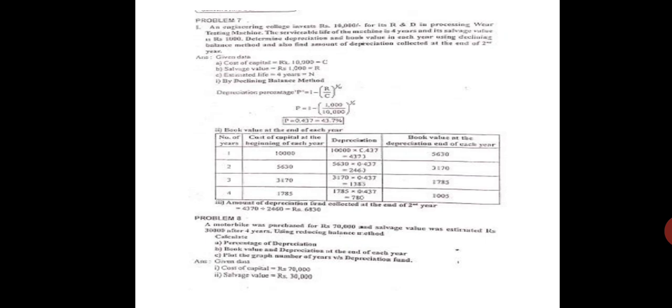And if you look at the depreciation amount, it is not like straight line depreciation. Here it is declining balance. First year the depreciation amount is 4,370 rupees. Second year it reduces to 2,460 rupees. Then third year further reduces to 1,385 rupees. This way, for every year there is a decline in the balance, and hence this is known as the declining balance method of depreciation.